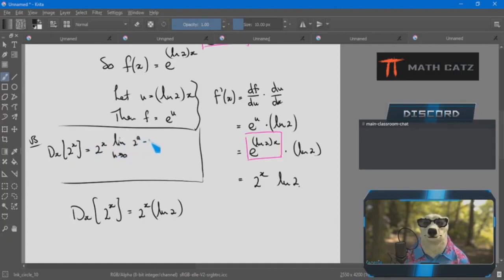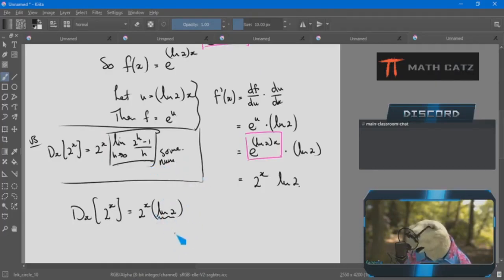What was it? 2 to the h minus 1 over h? I'm totally guessing. I don't remember. I don't memorize these things. And notice that this was just a number. And we called it some number. I now know what that number is. It's the natural log of the base. There's a reason we didn't know it at that stage. We didn't know logs at that stage.